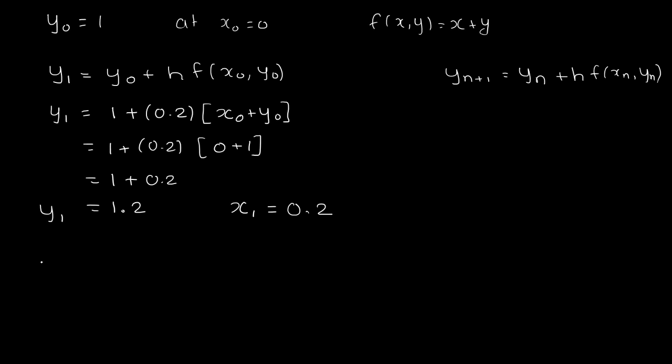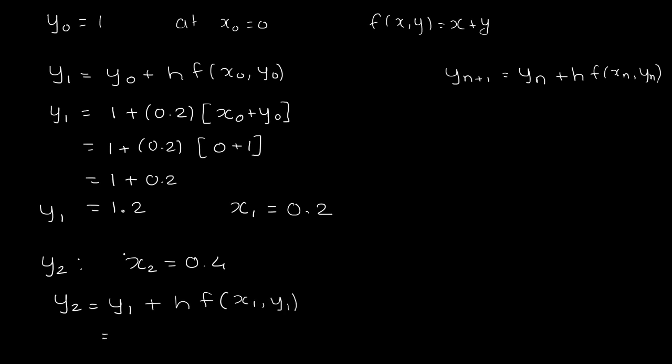Now the next step is finding y2. X2 will be 0.4, so we'll be finding y2 using this y1. The formula for y2 will be y1 plus h f of x1 comma y1.